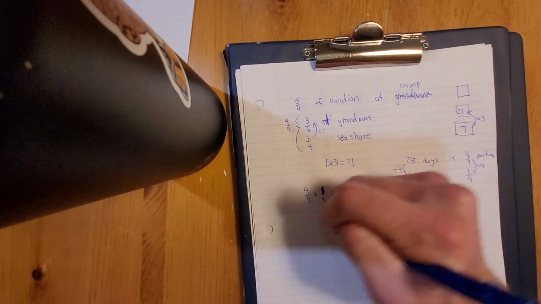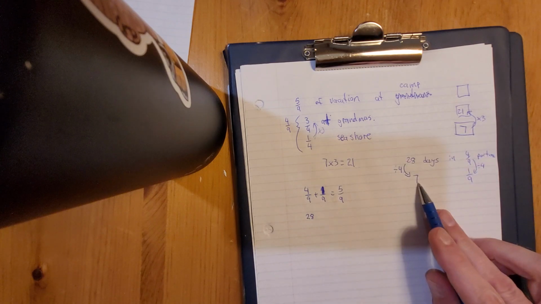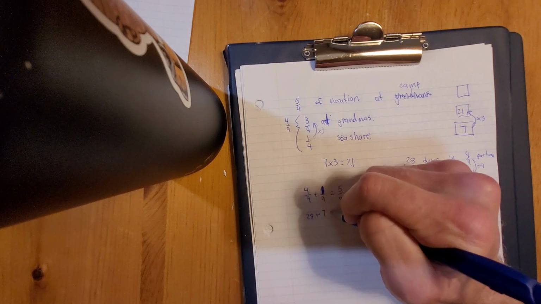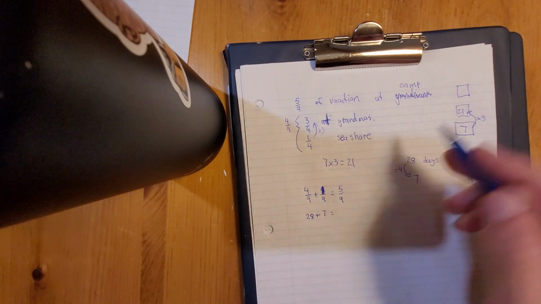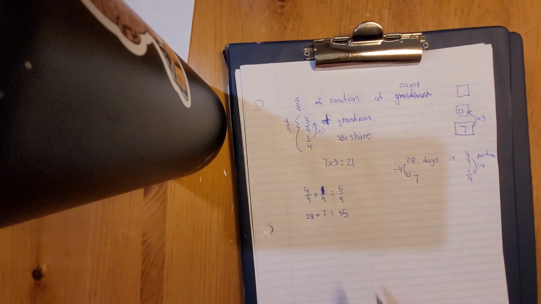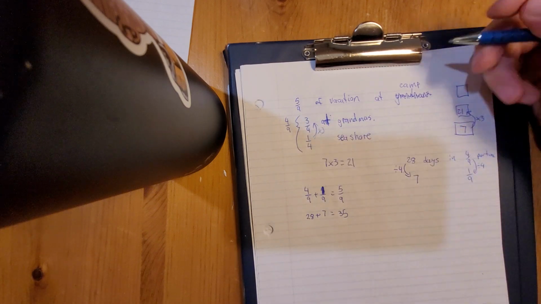So that's 21 plus 7 is going to be 28. And then 1/9 we just figured out was 7, so we just add 7 to that. And that tells us that 5/9 is equivalent to this total, which is 35. So we just found how many days is represented as 5/9 of the whole, which is what the last number we're looking for here is: 35.